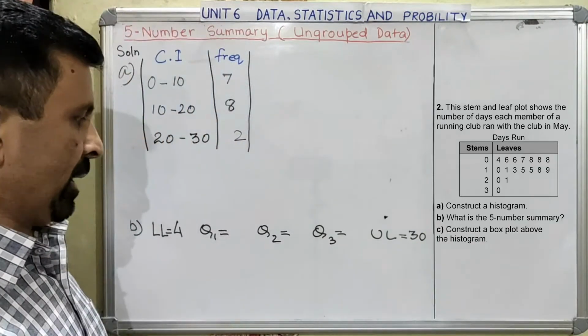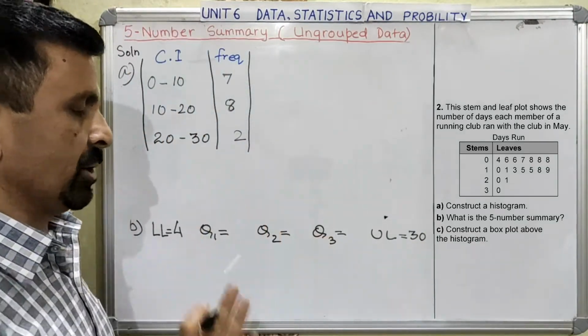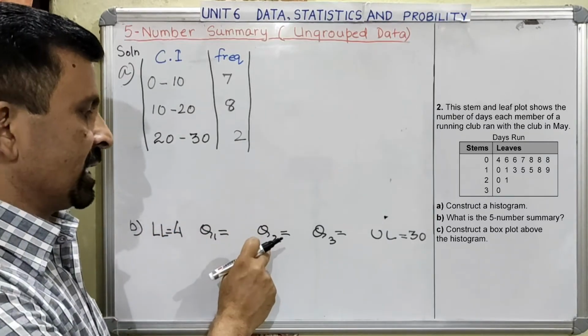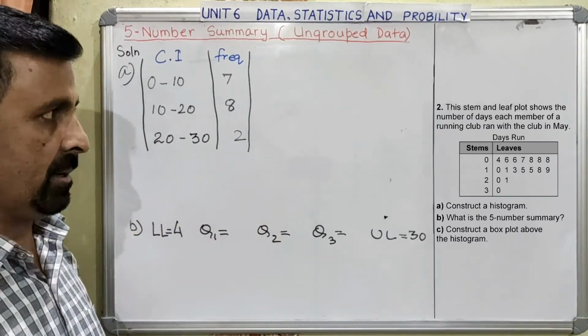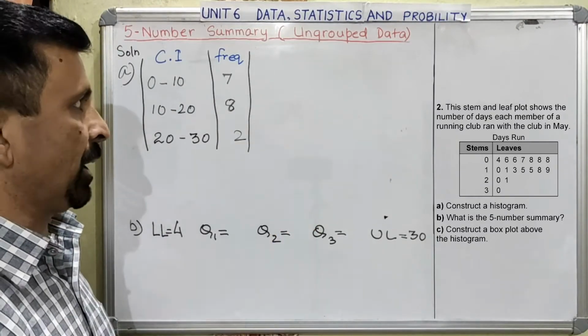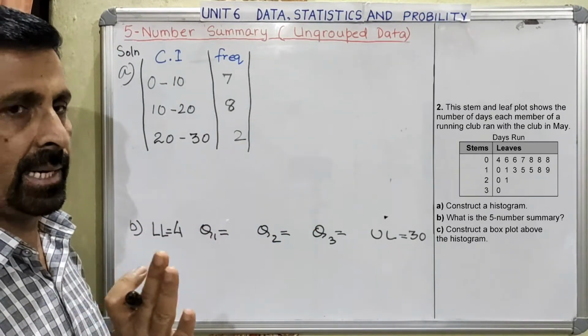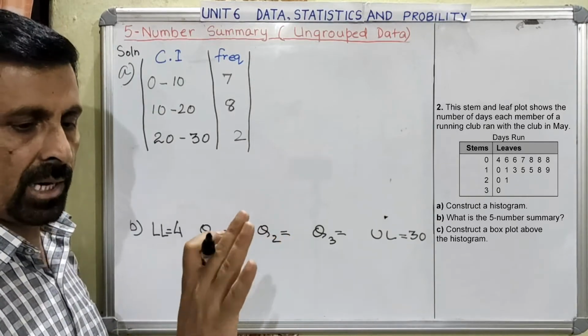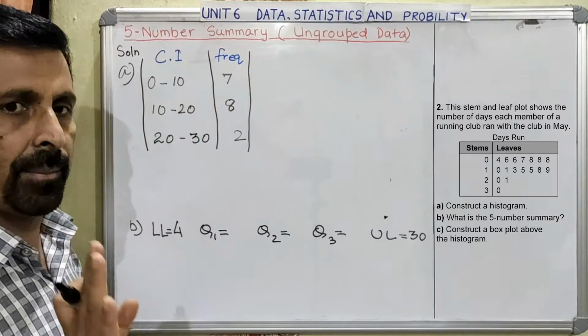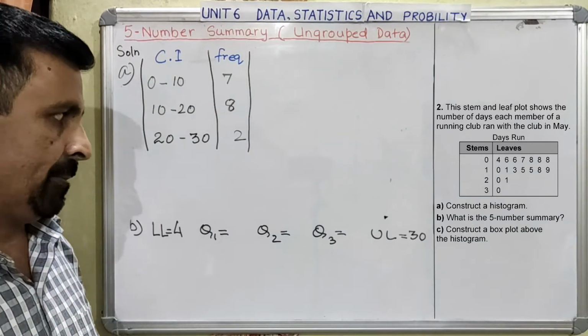Right? Now we have to find Q1, Q2 and Q3. First of all, we are going to calculate Q2. For calculating Q2, we need to know the total number of data. When you count the total number of data from the stem and leaf plot, you will get 17. 7 is 5 plus 2, 17. From here also we can cross-check, it is 17.